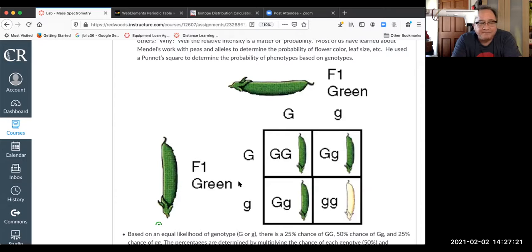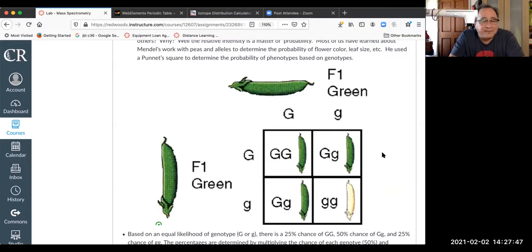From one parent, you can have big G or little g. From the other parent, you can have big G or little g. When they make offspring, you could get big G big G, big G little g, little g big G, or little g little g. And from these parents, you will have a 25% likelihood of any one of these occurrences.